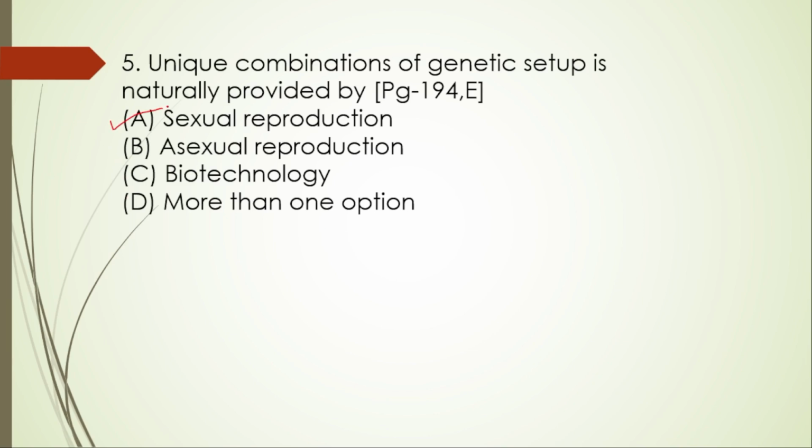So here the right option is sexual reproduction. It naturally creates a unique combination of genetic setup through processes like crossing over during meiosis, or else the random fusion of the gametes, we can say. This forms the basis of evolution and adaptation. That's why this combination is unique.